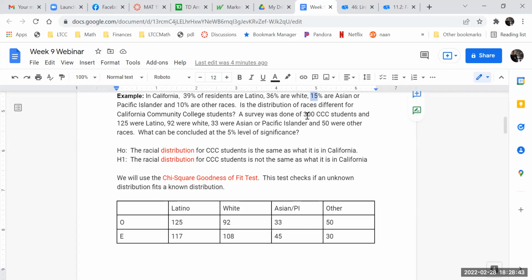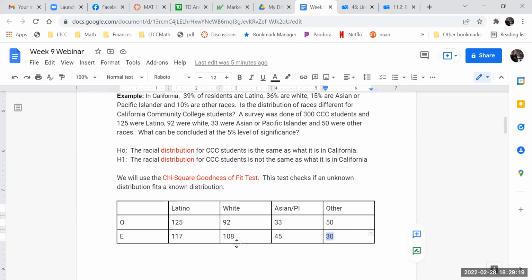So 15% of 300 is 45. And then 10% are other races, and 10% of 300 is 30. Any questions on how I arrived at this table? It's the observed and the expected table.